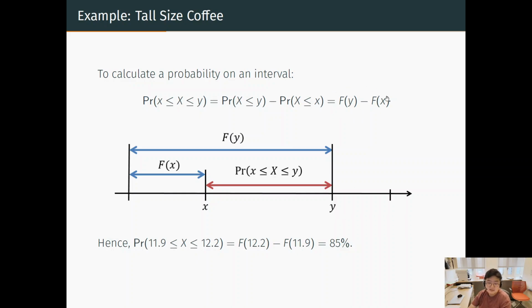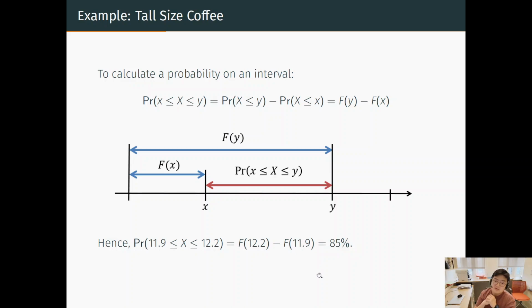Like this. So, in our example, the probability should be 85%. It is, again, pretty intuitive if you understand probability as a length and just think about different points and how to calculate the length, then you are going to get these straightforward results.